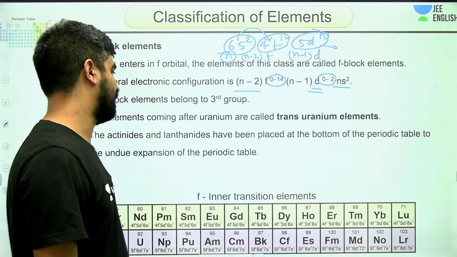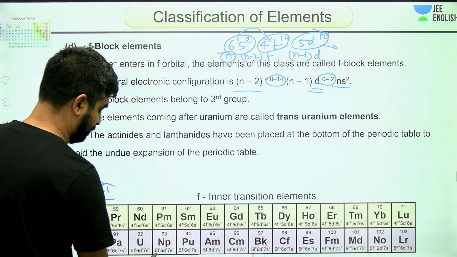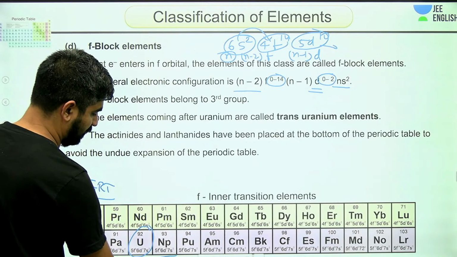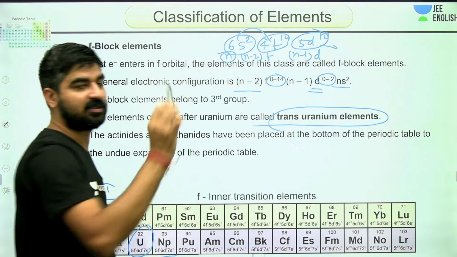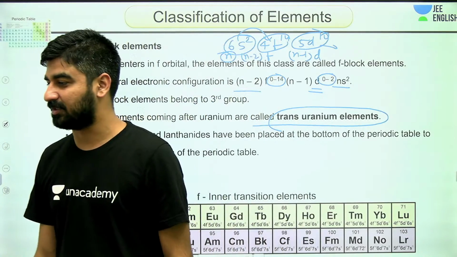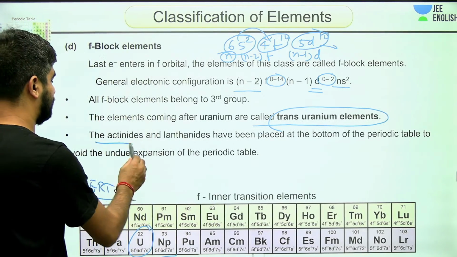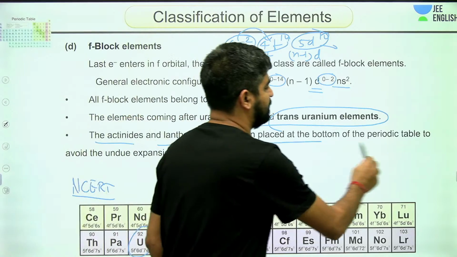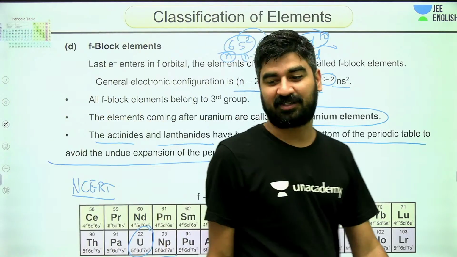So the elements after uranium, neptunium, plutonium, americium are called trans-uranium elements. So the elements after uranium are called trans-uranium elements. Okay, guys. So the actinoids and the lanthanoids have been placed at the bottom of the periodic table to avoid the undue expansion of the periodic table.